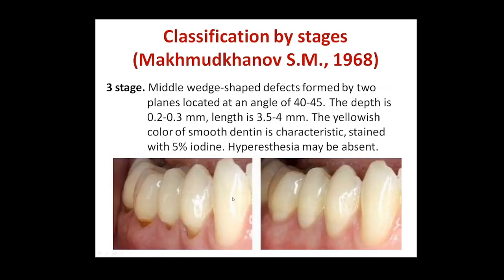Third stage, middle wedge-shaped defect formed by two planes located at an angle of 40-45 degrees. The depth is about 0.2 or 0.3 millimeters and length about 3.5 to 4 millimeters. The yellowish color of smooth dentin is characteristic, stained with iodine. Hyperesthesia may be absent.